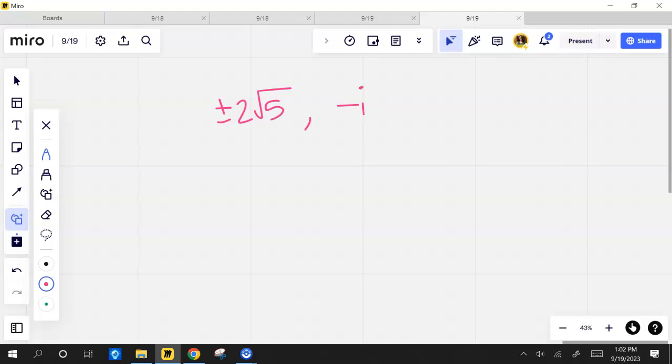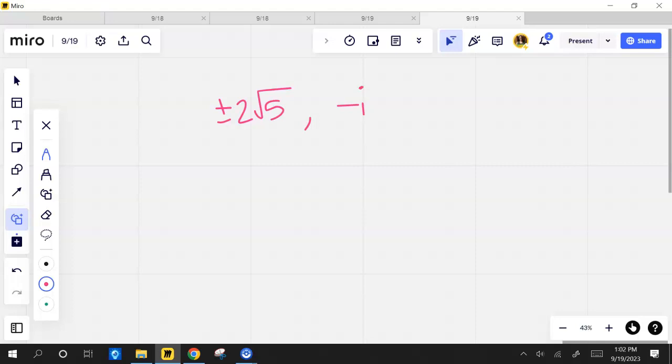Close. Why is it 4? If negative i is a 0, then positive i is also a 0. Give me one of them, Charlie.